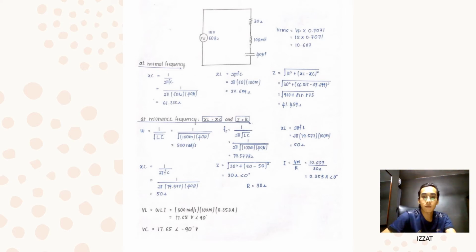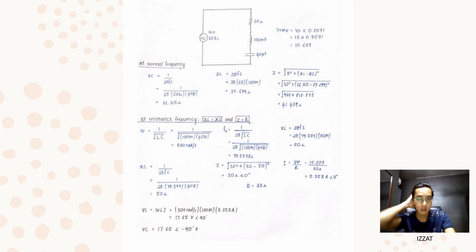And next is I find the value of I. I is equal to Vm over R. Vm is 10.607 divided by R, 30 ohm, and you get the answer for I is 0.353 ampere.